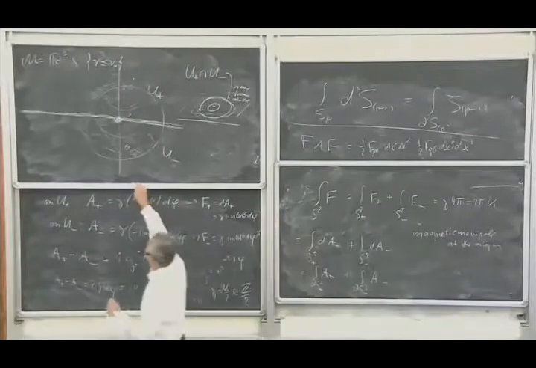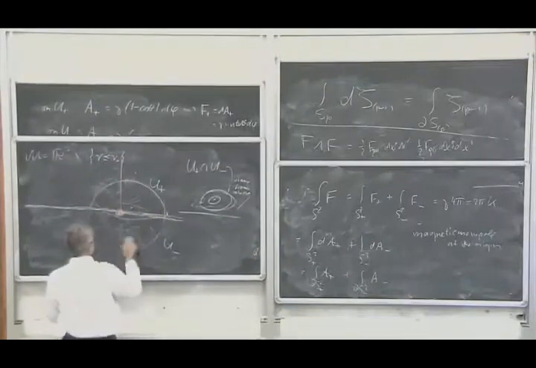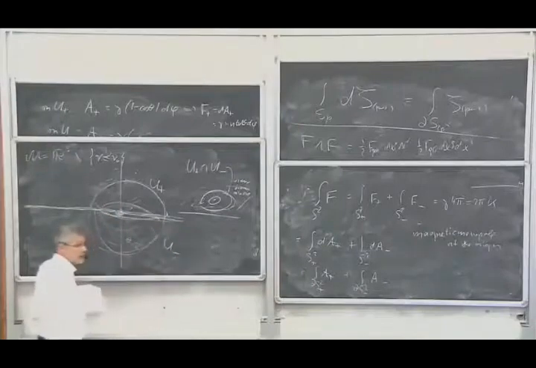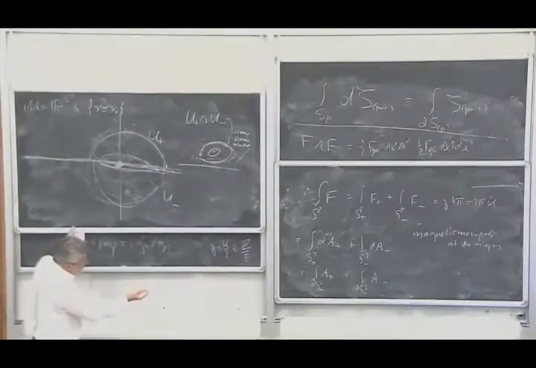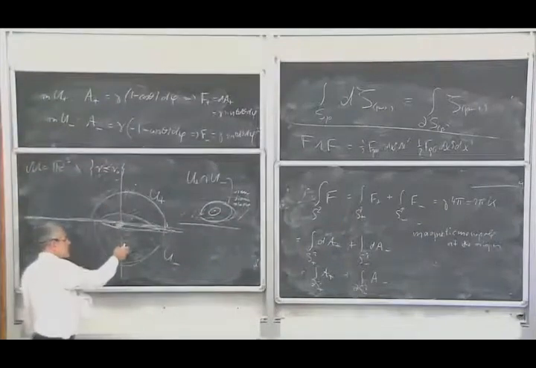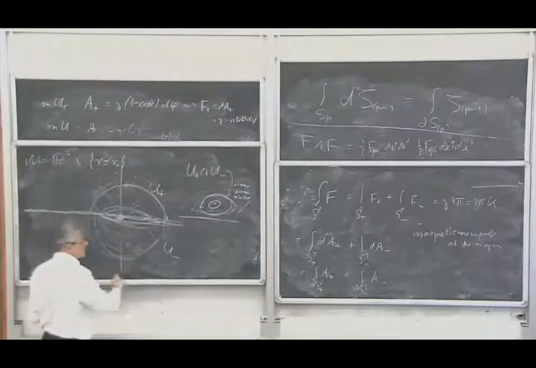So what are these spheres? That's my upper half sphere. That's my lower half sphere. So the boundaries are just these circles in the equator. Except that the orientation of the boundary for the upper half sphere and the lower half sphere are opposite. So once I have this boundary, I have the other boundary.